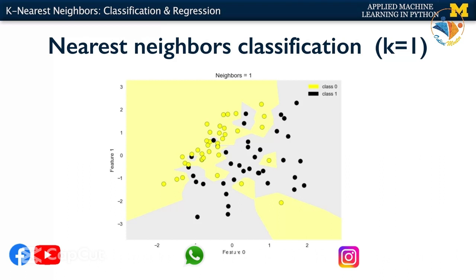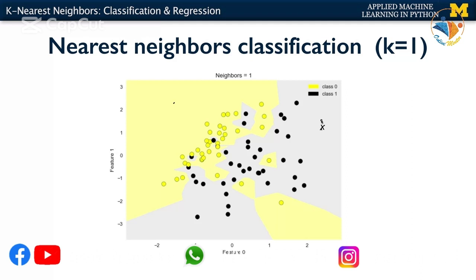And just as we did for the week 1 problem with fruit classification, here we're also showing how the entire feature space is broken up into different decision regions according to the predictions that the k-nearest neighbors classifier would make at each point in the decision space. So for example, a point out here in the yellow region represents a point that the classifier would classify as class 0, and a point, let's say over here, the classifier would classify as class 1.